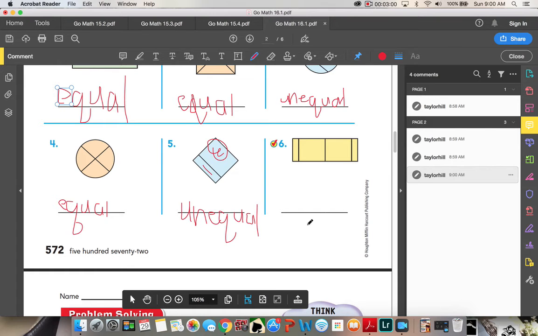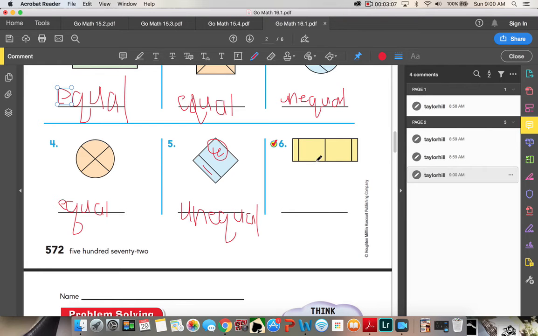Okay, and then number 6, let's look at it. Is this shape divided evenly, equally, or is it uneven? It is uneven because if you look, you have 2 small pieces and 2 big pieces, so those are not even. If you were given a slice of pizza and you were given the small pieces, you would be very unhappy. Unequal.